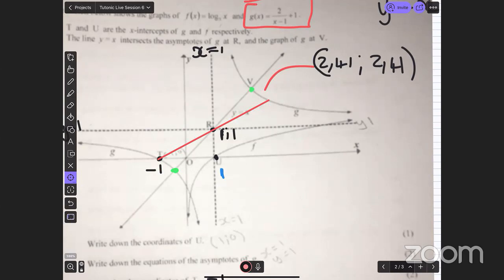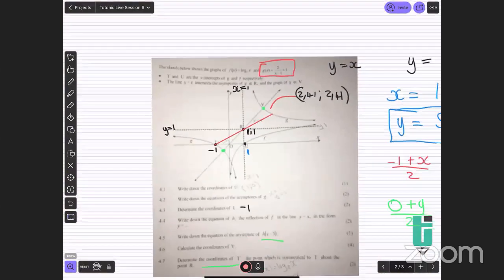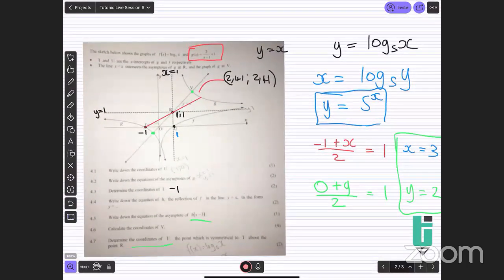The other way is, if we were to find the coordinates of R, and we were given those 2 points, T prime and also T, we were also going to use the midpoint formula to get R. Let's say if we were given T and also T prime, and they said we must find the coordinates of R, we were still going to use the midpoint formula, or it will just depend on what we were asked to find.